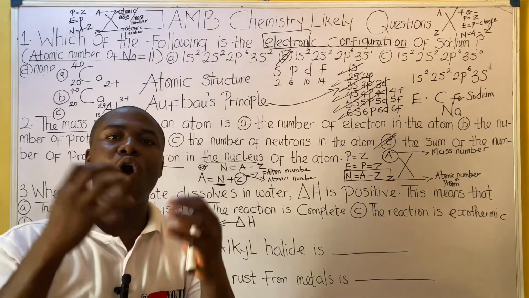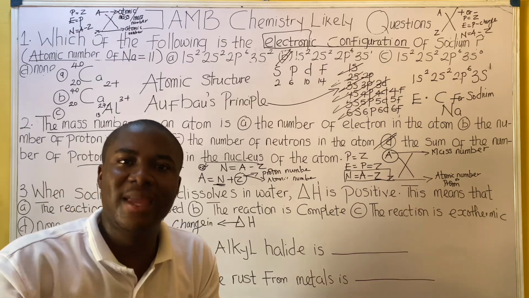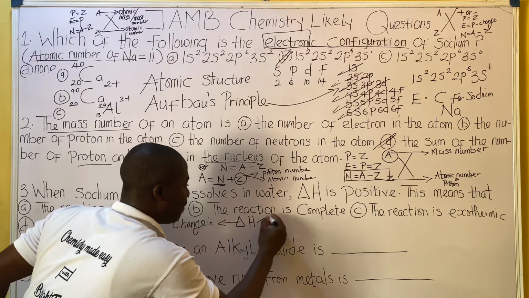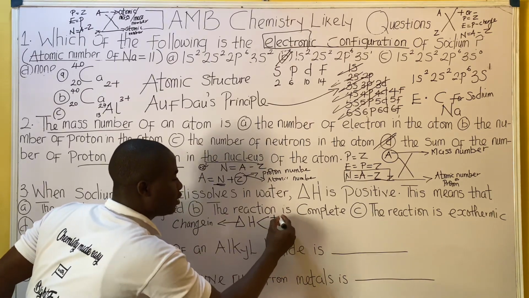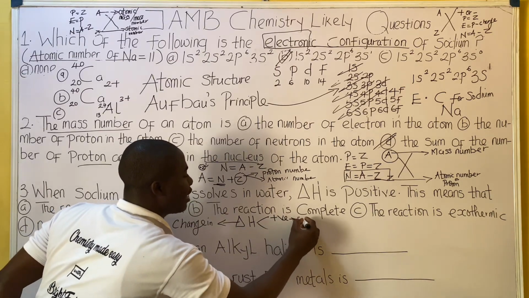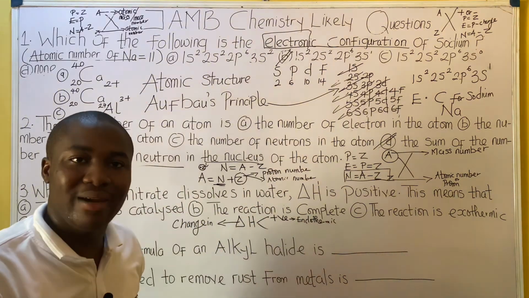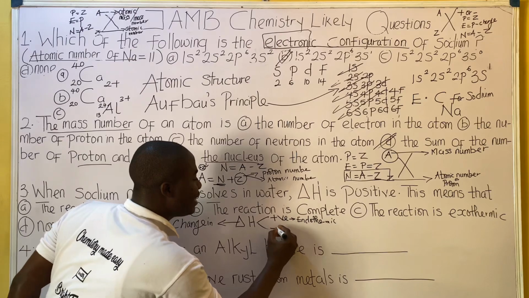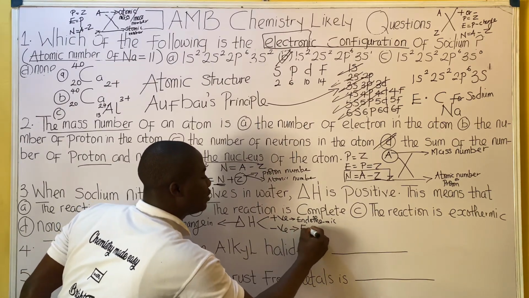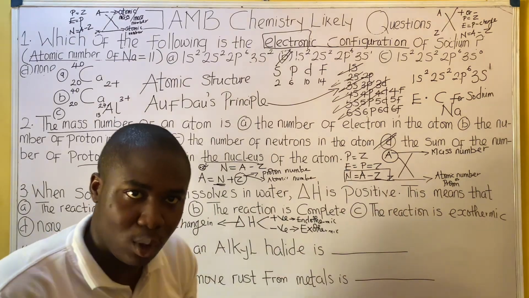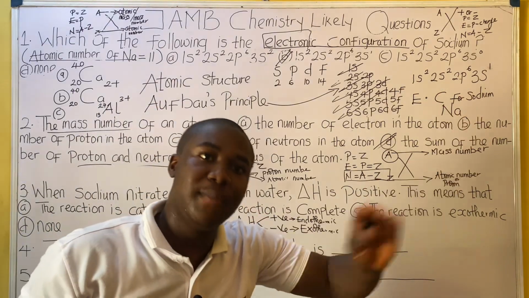We also use signs to determine whether a reaction is endothermic or exothermic. Let's say delta H is positive, we say the reaction is endothermic. But let's say delta H is negative, we say that reaction is exothermic. For you to be endothermic, you absorb heat. For you to be exothermic, you give out heat.